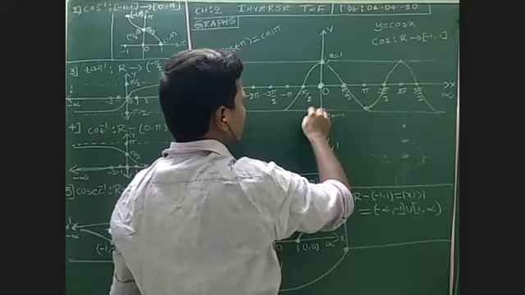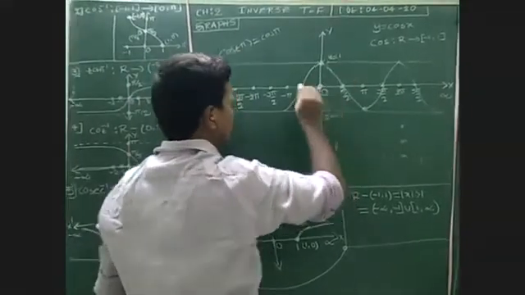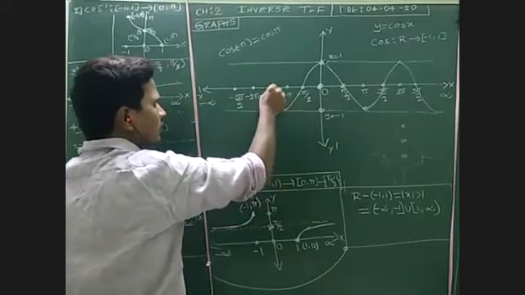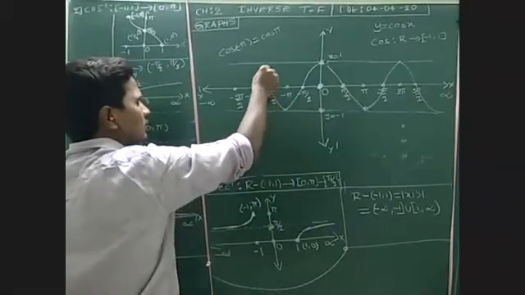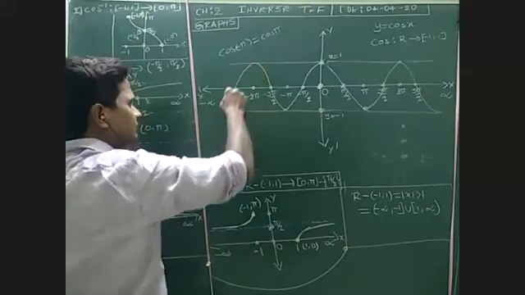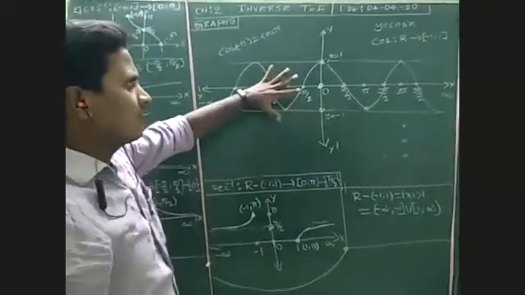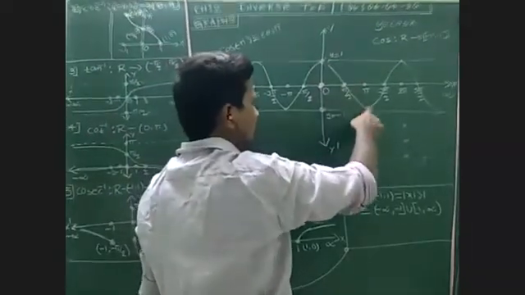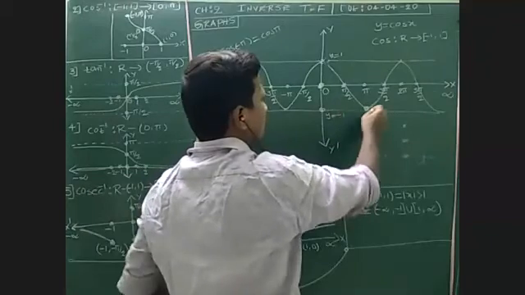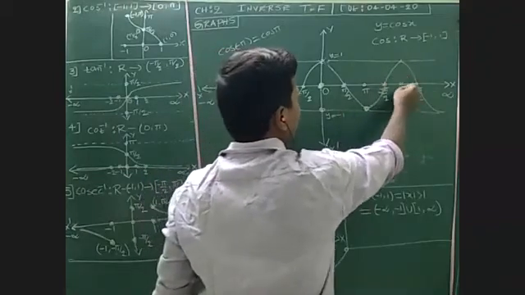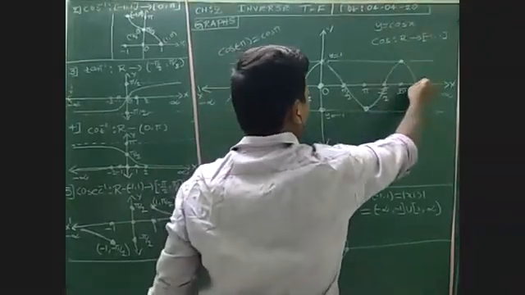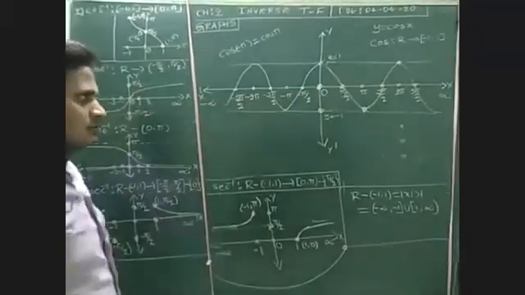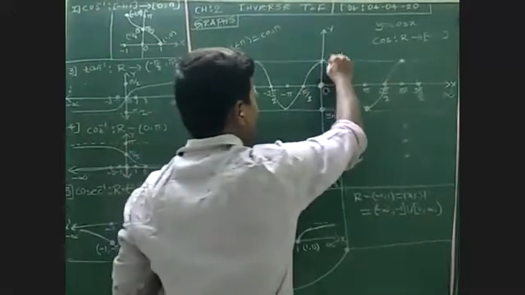So the graph will exist between 1 and -1. Again we'll get 0 like that. So this is the graph of cos x. 0 is 1, 90 is 0, 180 is -1, 270 is 0, again 360 value is +1, 450 value again 0, like that. It will move further on the left side also.